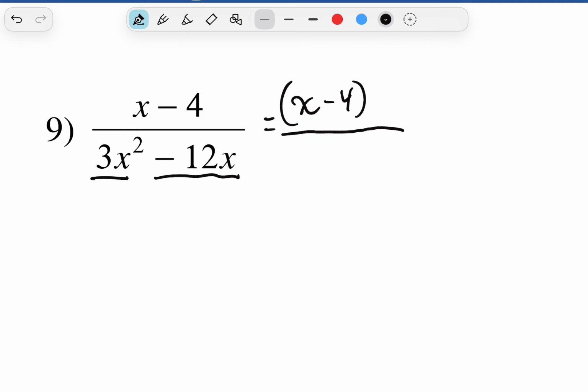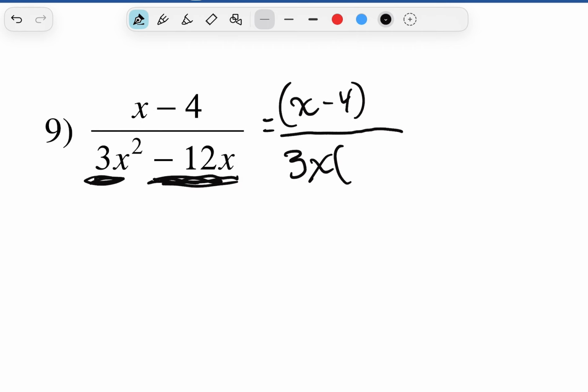Well, I know that 3 goes into both 3 and -12, and I notice that both of them have at least one x. So we can definitely pull out a 3x because 3x goes into both 3x squared and -12x.